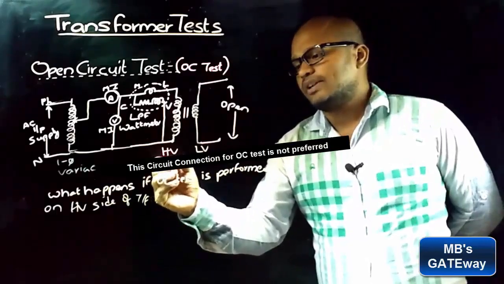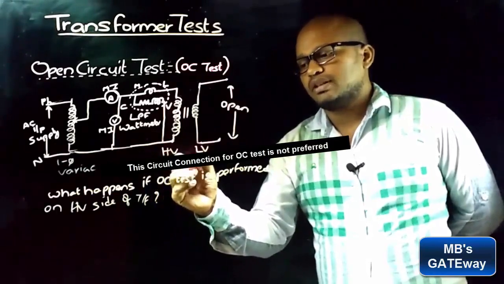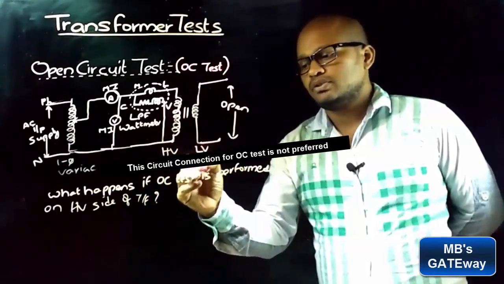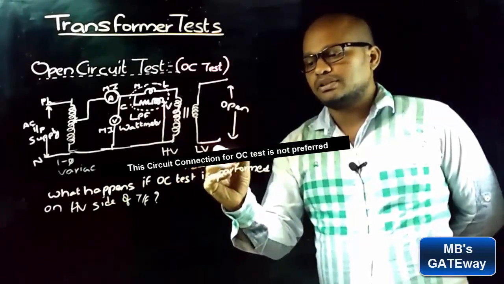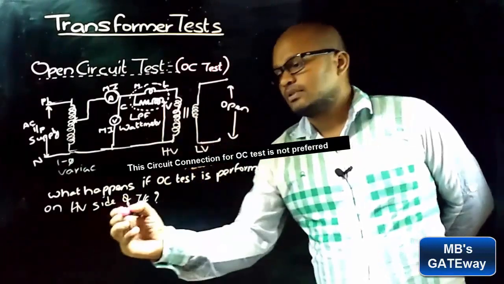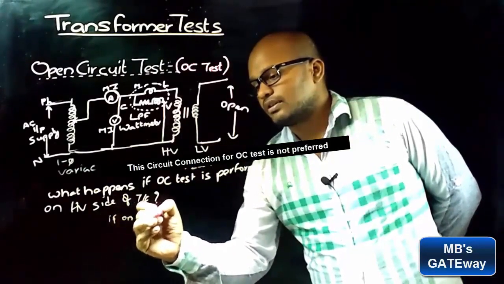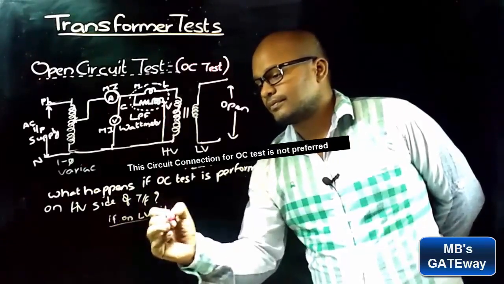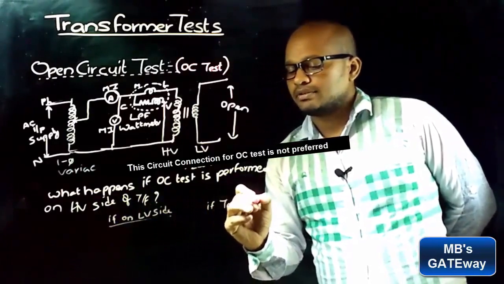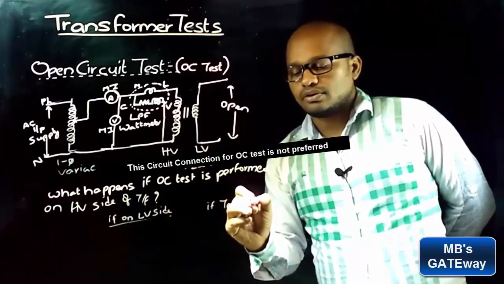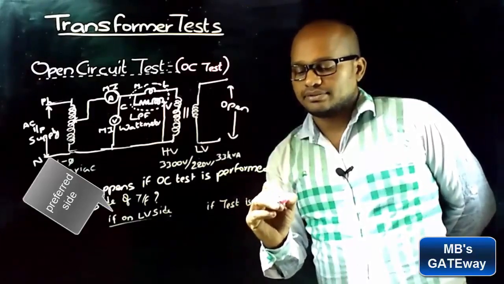Let the HV side of the winding be 3300 volts and the LV side of the winding be 220 volts, and the transformer rating be 33 kVA. Consider the test performed on the LV side and the test performed on the HV side.